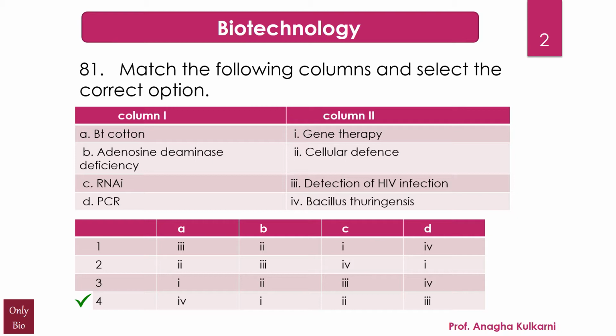Now friends, we all know Bt cotton is a genetically modified organism, a modified pest-resistant cotton variety that produces an insecticide to combat the bollworm. Strains of the bacterium Bacillus thuringiensis, as I had already mentioned in some other question, produce 200 different Bt toxins and each one is harmful to different insects.